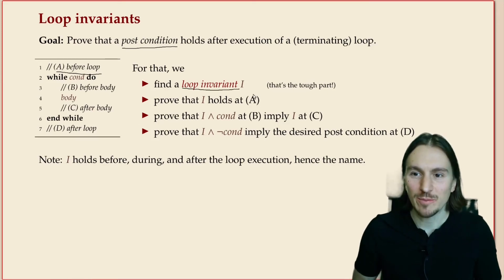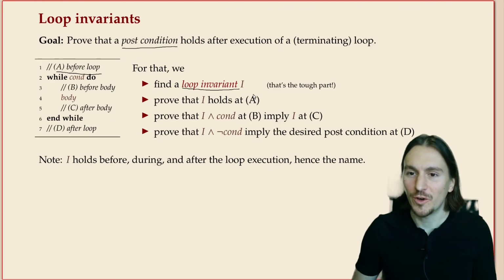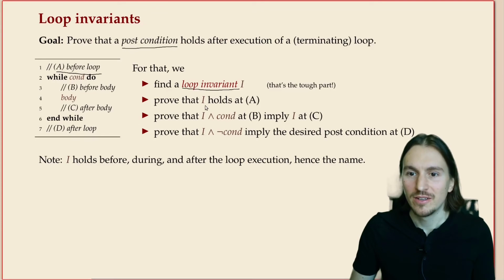That is a logical statement about the variables in your code that has the following properties. The invariant is true at A before we enter the loop.